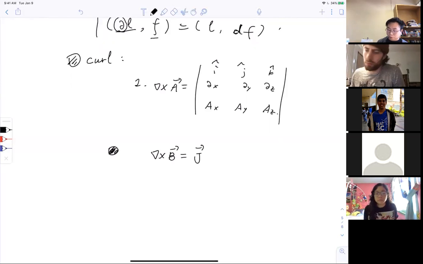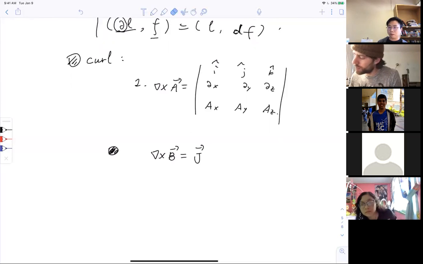Of course, there are some prefactors I don't remember, maybe some mu naught or epsilon naught. Basically, this equation tells us the source of the magnetic field is the electric current. I think this is what you learned in 1C, but it doesn't matter if you didn't learn it.